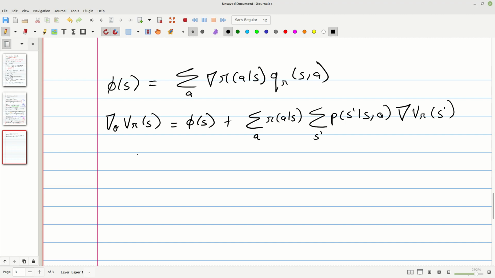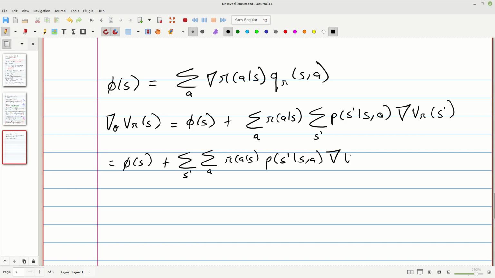And now we say this is equal to phi of s plus, let's combine these summations, and we're going to get the summation over s prime, summation over a, since it's a linear operation it's fine, of pi a given s times the probability of s prime given s comma a times the derivative of v pi of s prime.